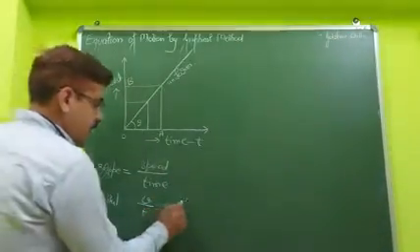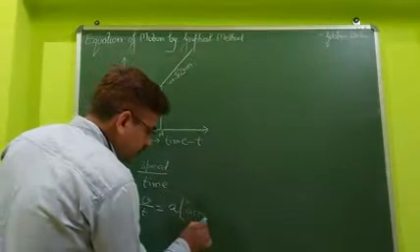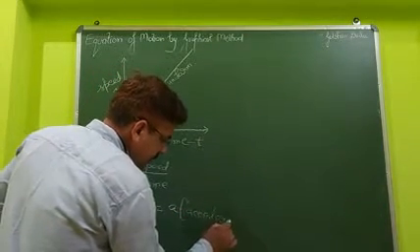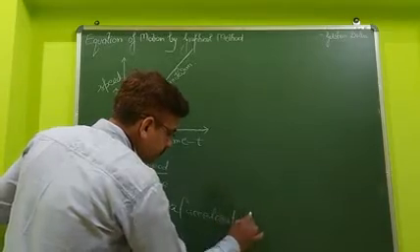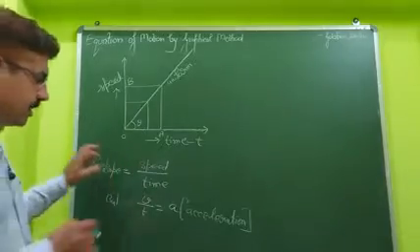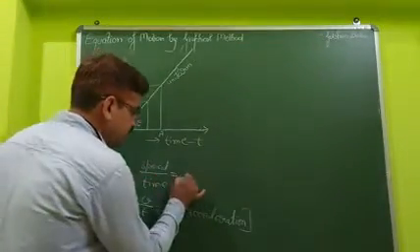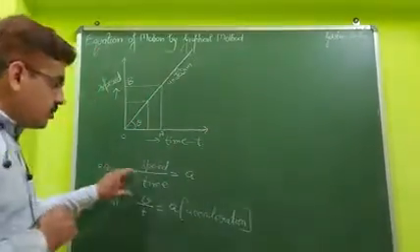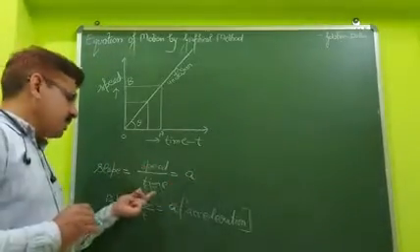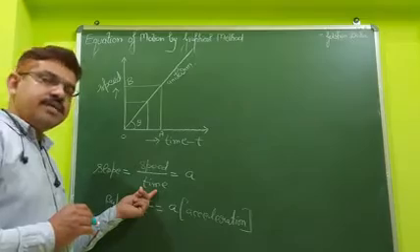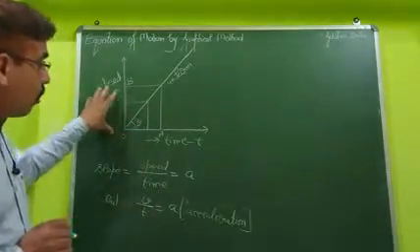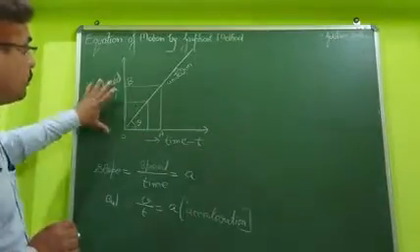That is called acceleration. So therefore slope is equal to speed over time, and that is equal to acceleration. You also know that the formula for acceleration is a equal to speed over time, and this is how to find the acceleration with the help of slope.